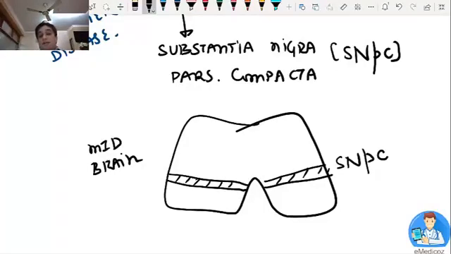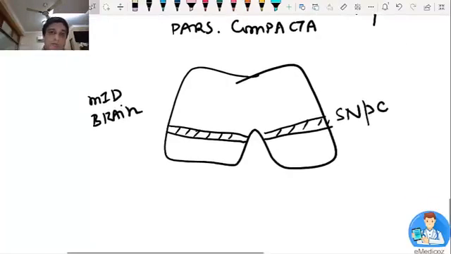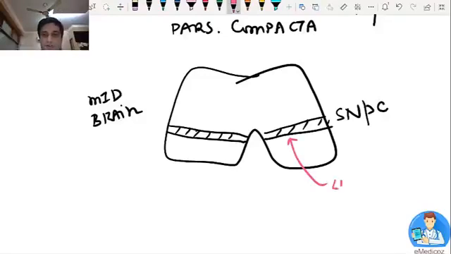This area is more pigmented, so I'm shading it to show it is more pigmented than the rest of the midbrain. Now what happens in this part? Suddenly there is a body that deposits here, known as a Lewy body.